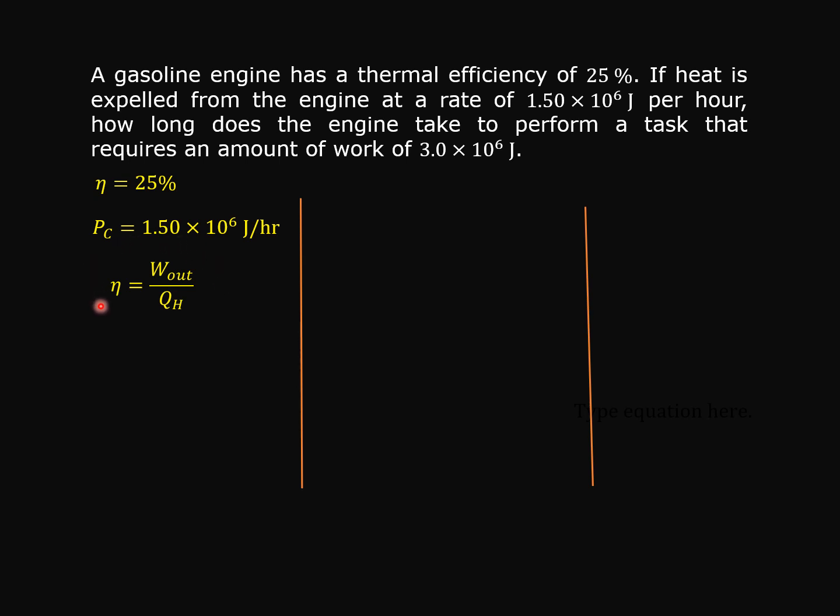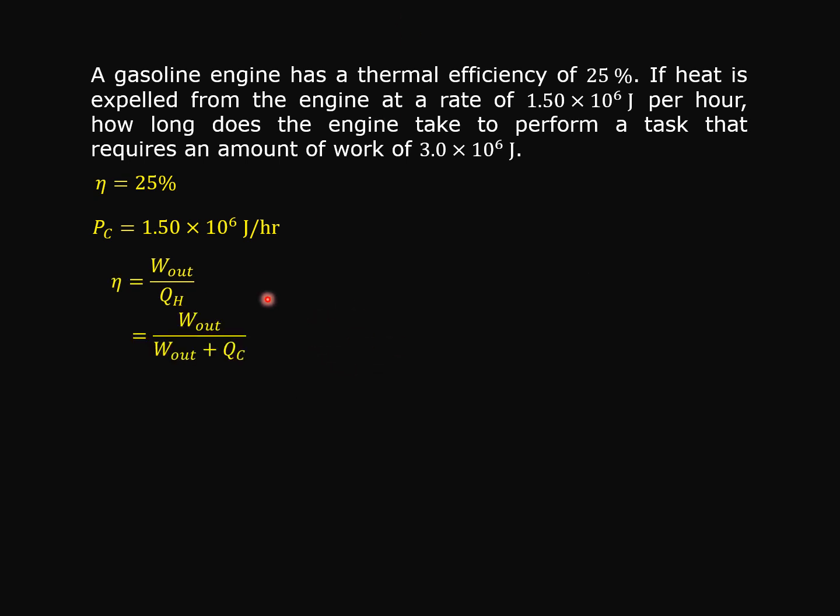We start to solve the problem by using the definition of the thermal efficiency of a heat engine, which is eta equal to output work divided by QH, where QH is the heat absorbed by the substance in the engine that will perform the cyclic process.